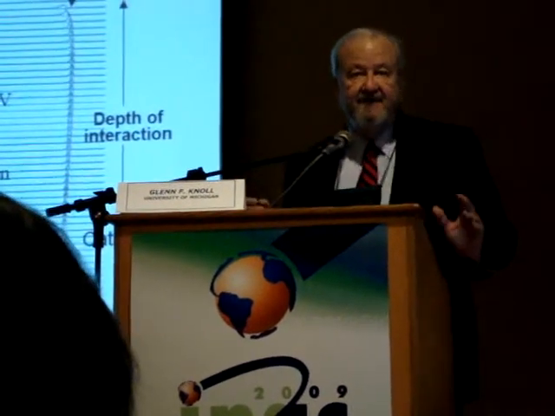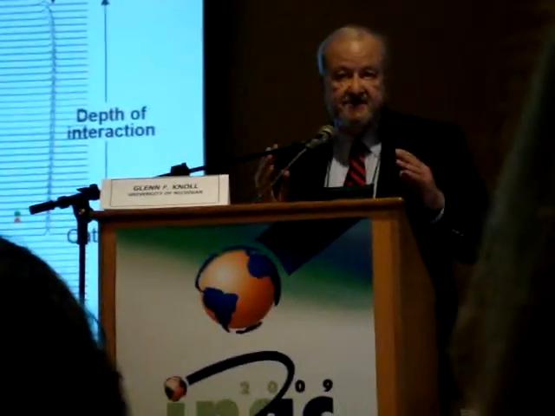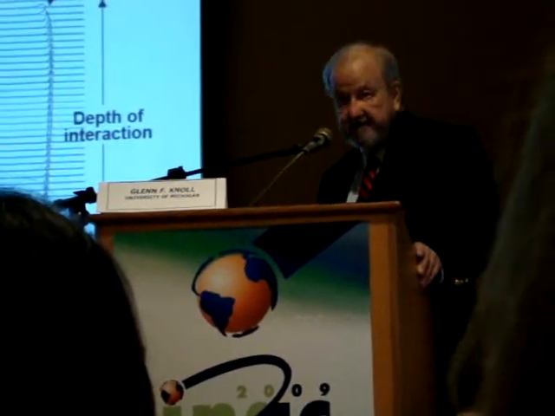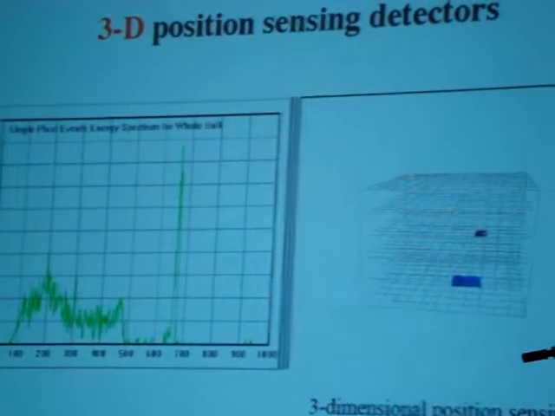So it's a way of making what would ordinarily be a rather poor energy resolution into one that's much finer and much better. And I'll show some examples of those spectra in just a minute.